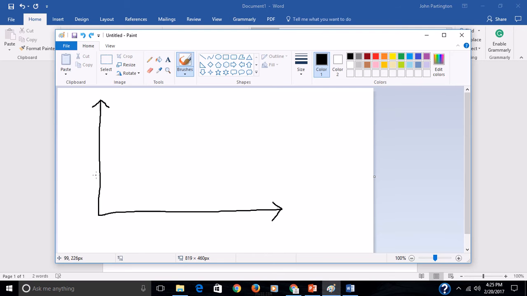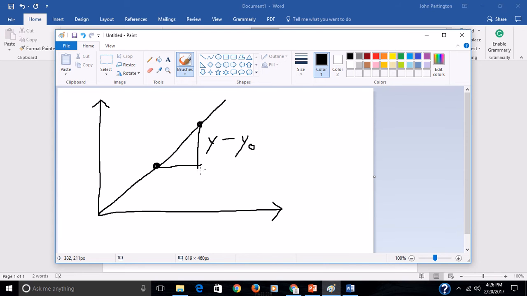So if we have this graph, and say we have this line, and we want to get the slope between this point here and this point here, what do we do? We'd have y minus y naught, with this being the y value of this point, and then this being the y value of this point.